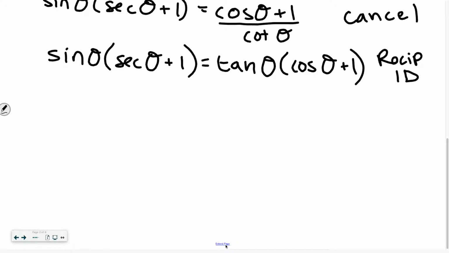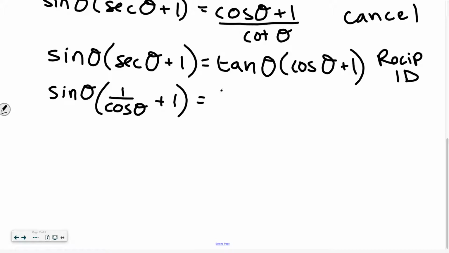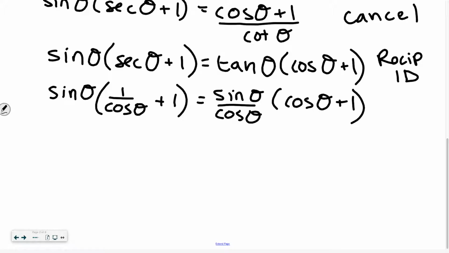So should we just use a mix of quotient and reciprocal identities? Okay, let's just change everything. This is sine theta times 1 over cosine theta plus 1 equals sine theta over cosine theta times cosine theta plus 1. So I used a reciprocal and a quotient identity for that.